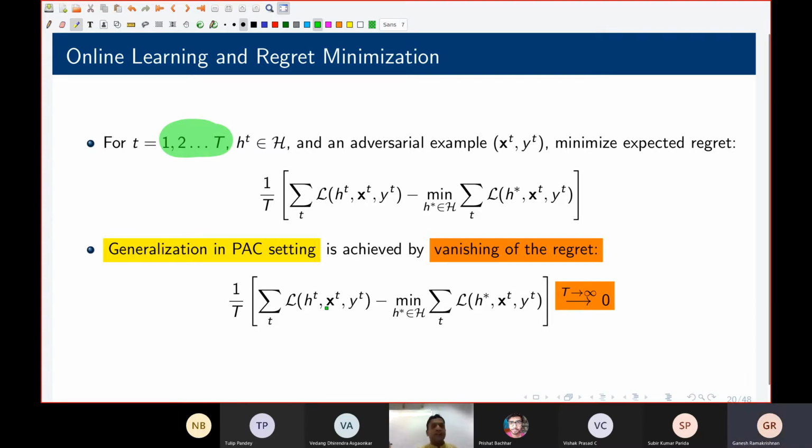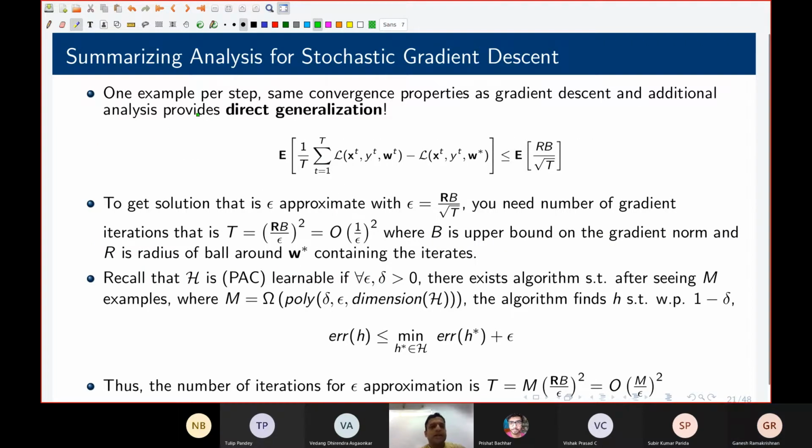So you get generalization in a probabilistic approximately correct setting when that regret goes to 0 as T tends to infinity. So the analysis here is basically now how can you upper bound this expected difference, the regret.